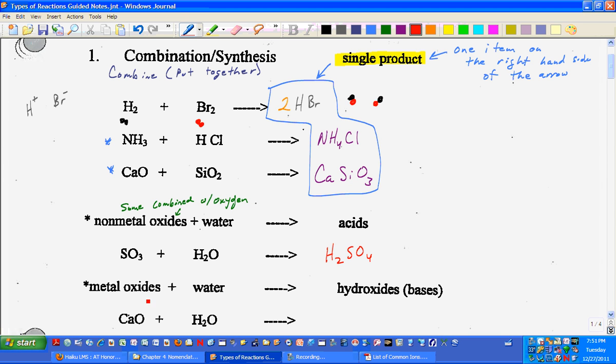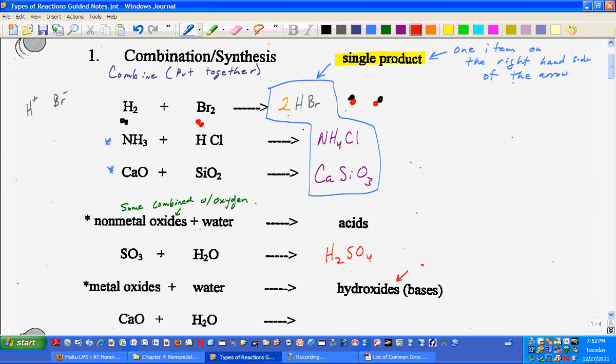Metal oxide, again, is something that is combined with oxygen. Here's my oxygen. This metal is calcium from the left-hand side of the table. If I combine a metal oxide with water, what I'm going to wind up with is a hydroxide.